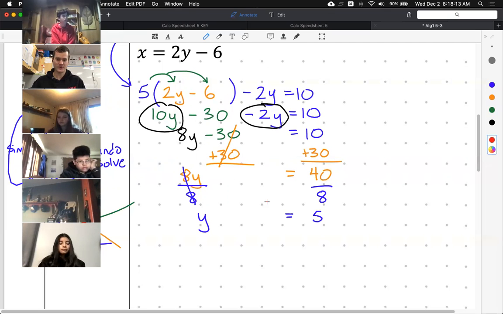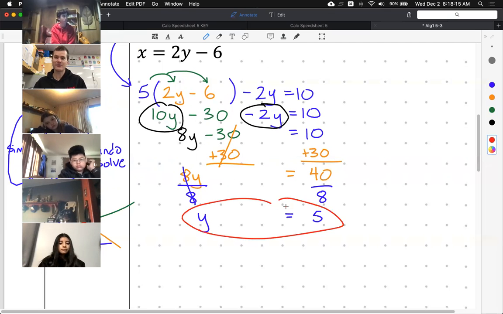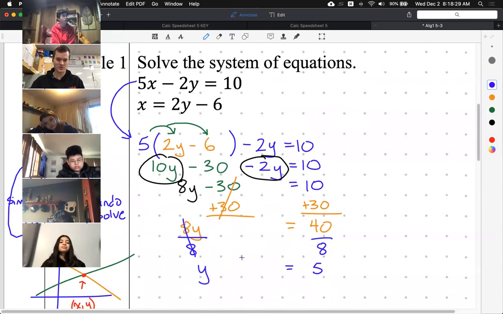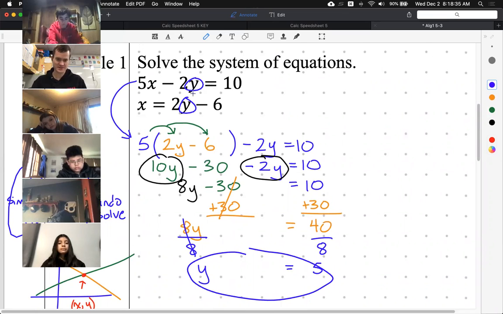We found the y coordinate, which means we're halfway done. And you'll notice if we come back up here to our steps, we are only on step number 3, which we have done now. We have now solved for that one variable. What am I talking about right down here? Plug in and solve. I get to plug in this y is equal to 5 into either one of these equations, whichever one you think is going to be easiest, and then solve that equation.